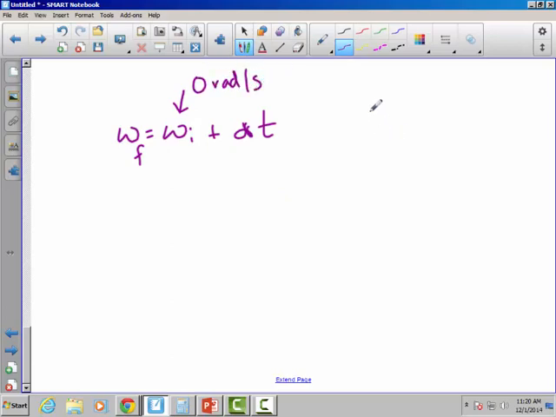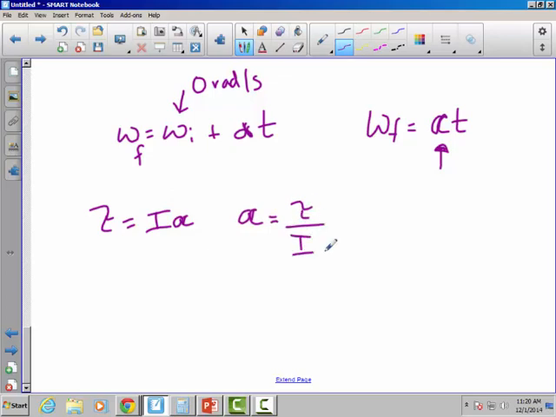So what we're left with is that the final angular velocity is going to equal our angular acceleration times time. And we already know our time to be 5 seconds. All right, so we need to find this guy. And we're going to use the idea of torque and moment of inertia to help us do that. So we know that torque is moment of inertia times angular acceleration. So angular acceleration is going to equal our torque divided by the moment of inertia for our hoop.